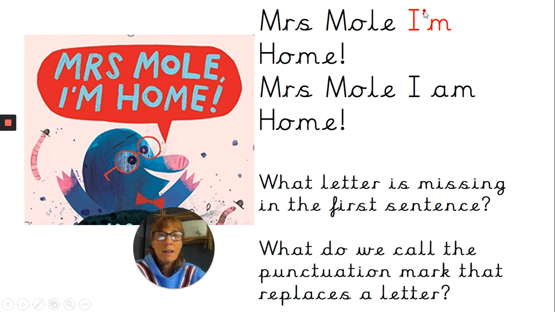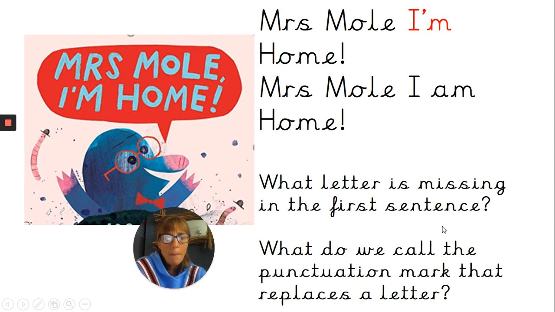So what letter is the apostrophe replacing? What's the missing letter there? That's right, it's the A. So the two words I am, we can bring together into I'm. But we have to remember to put the punctuation mark, the apostrophe, to replace the missing letter.